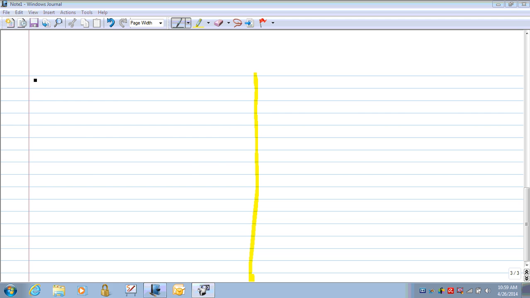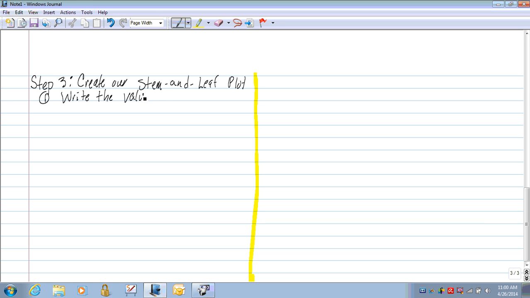Okay, now we are going to go to step 3. So on the left side of your 2-column notes, we have step 3. We are going to create our stem and leaf plot. And we are going to first write the value of the tens digit.